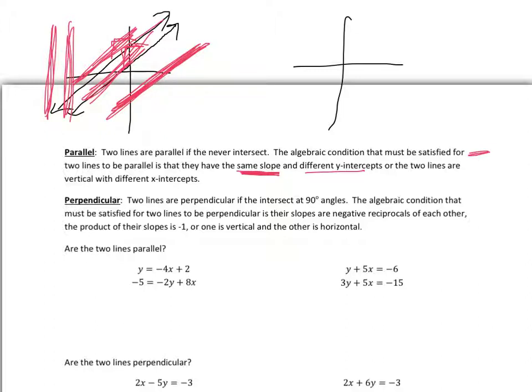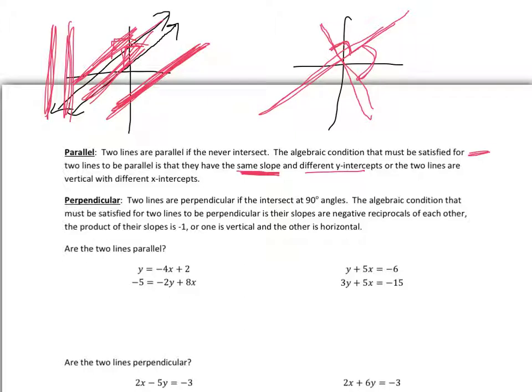Okay? So perpendicular is a little bit different. I think that people think that those meet, and they meet at 90-degree angles. So really, there's a couple different ways that we can talk about that. These meet at 90-degree angles, and notice, one of them has a negative slope and one of them has a positive slope. So the slopes are of opposite signs. And the other thing about these slopes is they're reciprocals of each other.